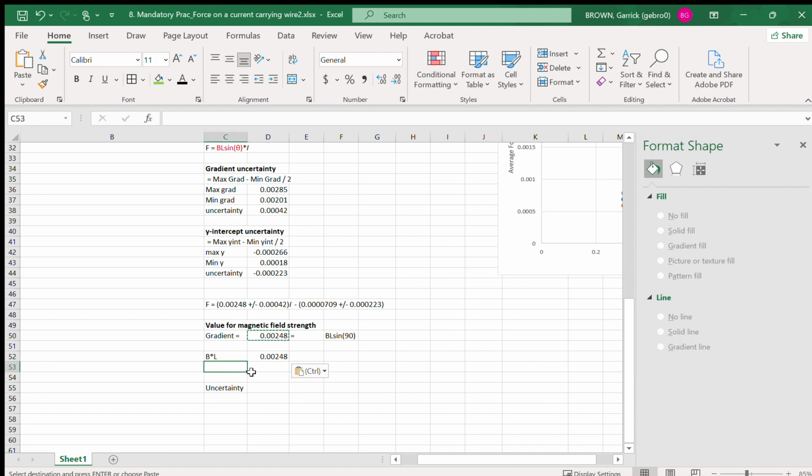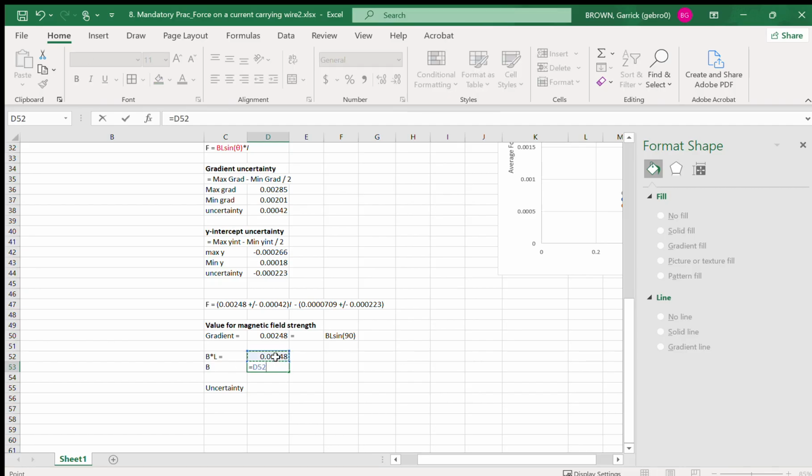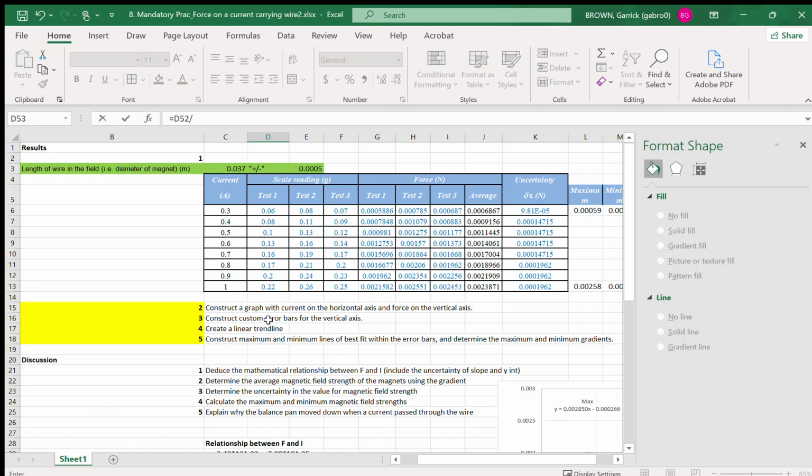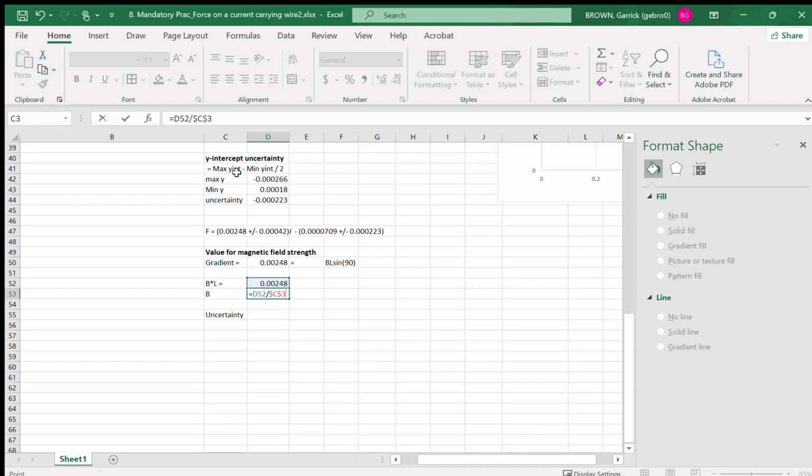magnetic field strength B is equal to the gradient divided by the length of the wire within the magnetic field, which is all the way back up here, and I'm going to reference that cell, 0.037. Okay.